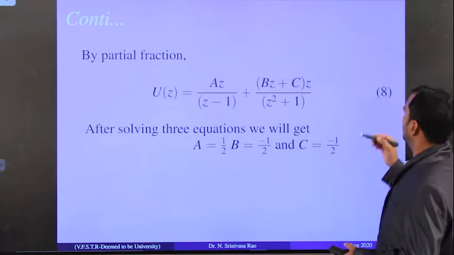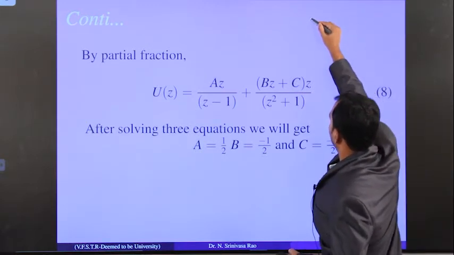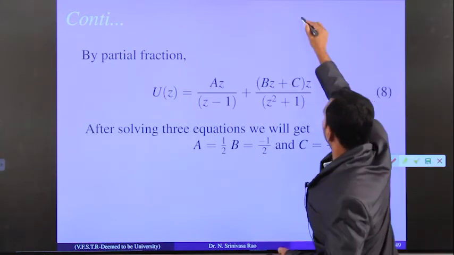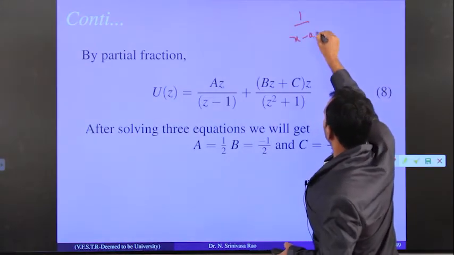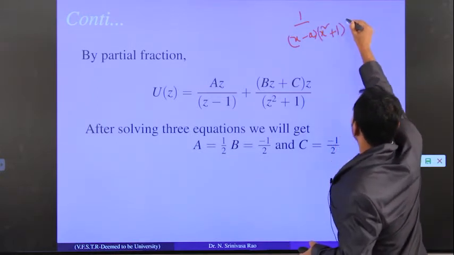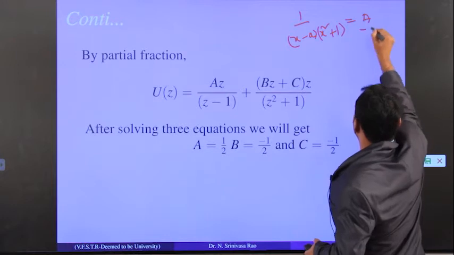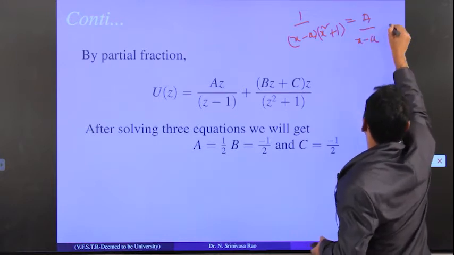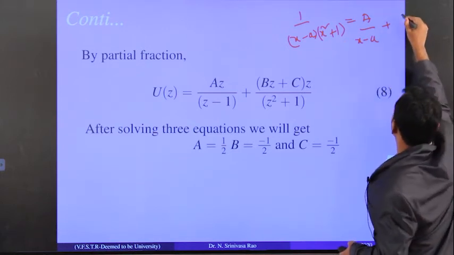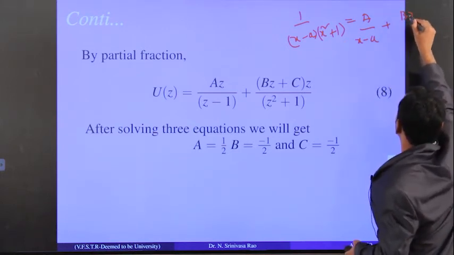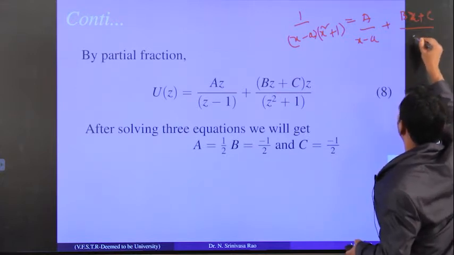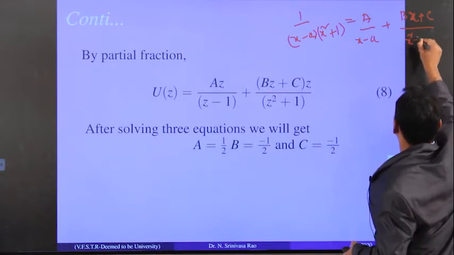Everybody remember when you have 1 by x minus a into x square plus 1, how we write partial fractions for this: in general a by x minus a plus, since x square plus 1 is an irreducible polynomial, bx plus c divided by x square plus 1.